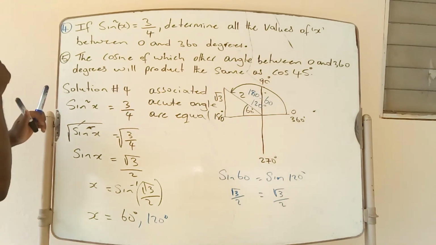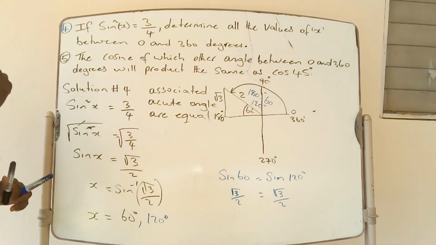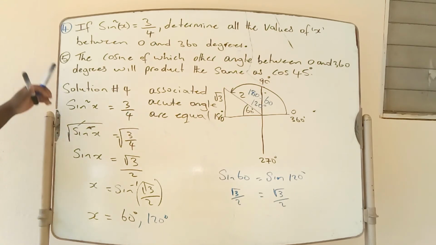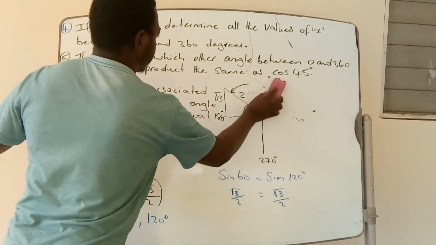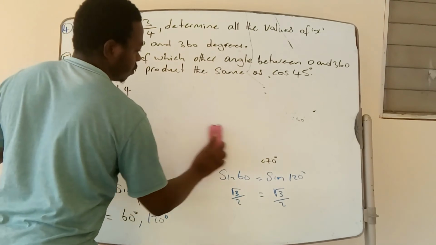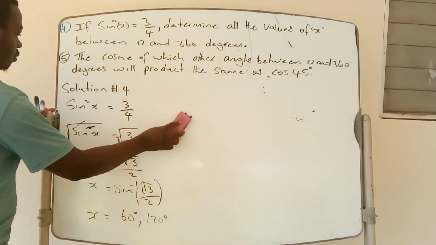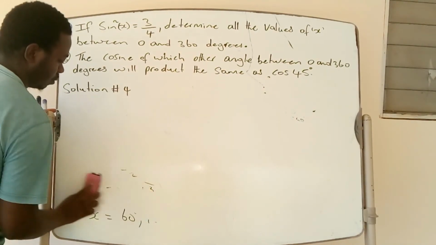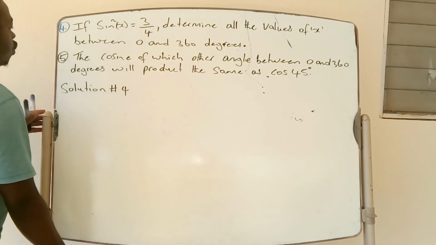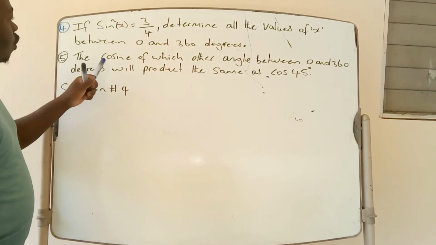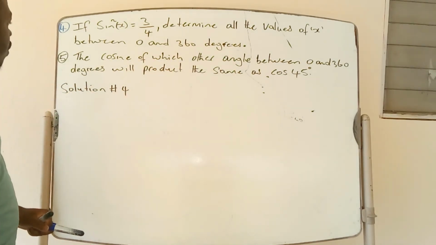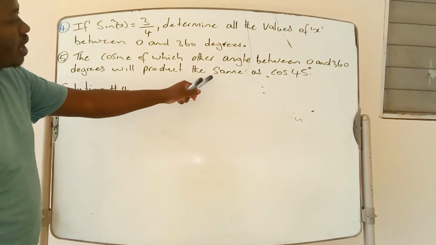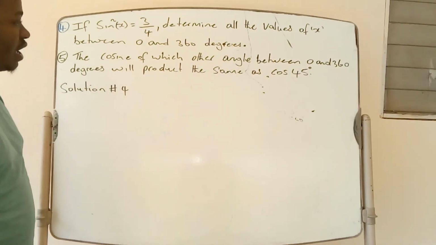Let's look at question number 5. The cosine of which other angle between 0 and 360 degrees will produce the same as cos 45, right?